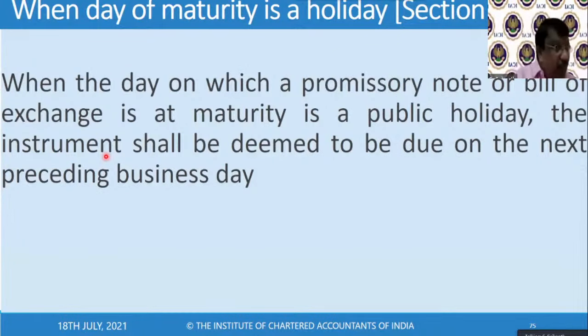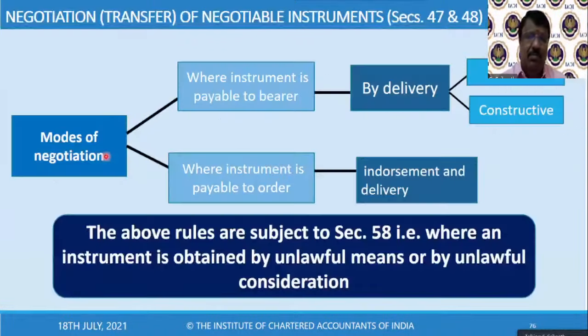Preceding means coming before. Suppose the date of maturity is a public holiday. Say I have made it payable on 31st of March 2022. Now 31st of March 2022 is a holiday. Then it becomes due on 30th of March, on the next preceding day.